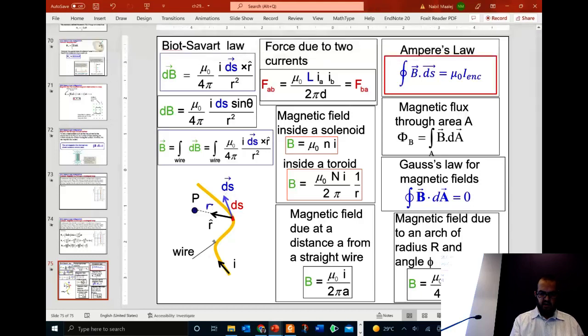This is the unit vector r hat, and the field is given by mu0 over 4 pi I ds cross r hat divided by r squared.